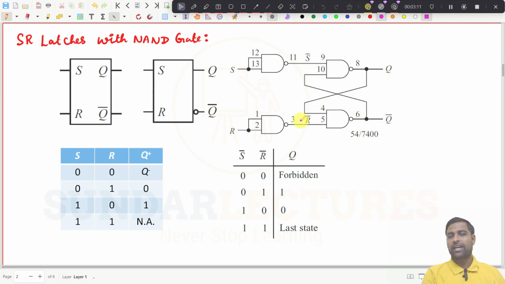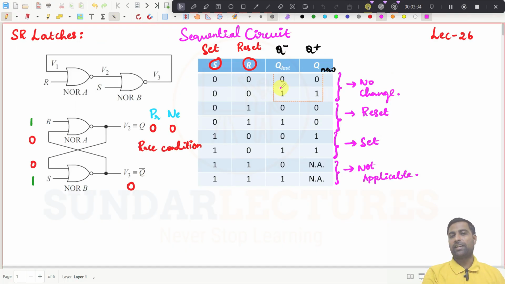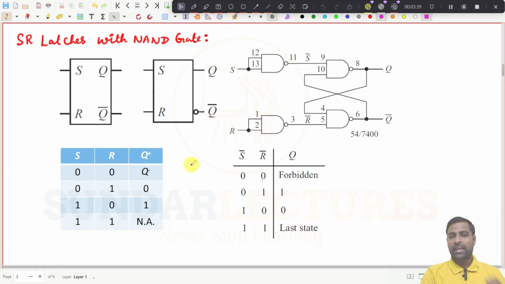We will get S bar here, R bar here, and if you use only NAND gates, the output will be inverted. One will be the previous state or no change condition. 1 0 will be 0, 0 1 will be 1, and 0 0 will be forbidden here. So this will be inverted if you are using a NAND gate. Anyhow, we can also build the circuit like this to produce the same SR latches.